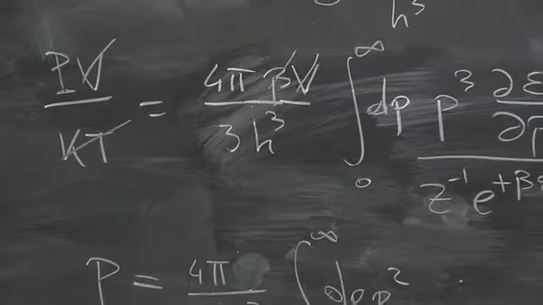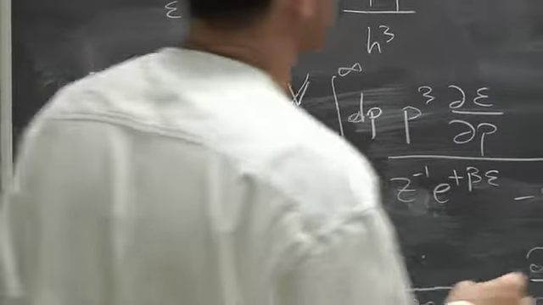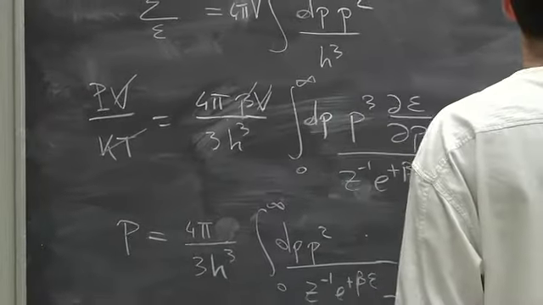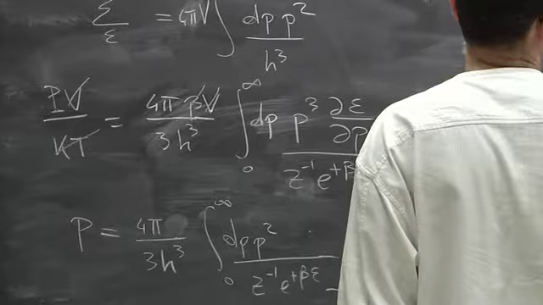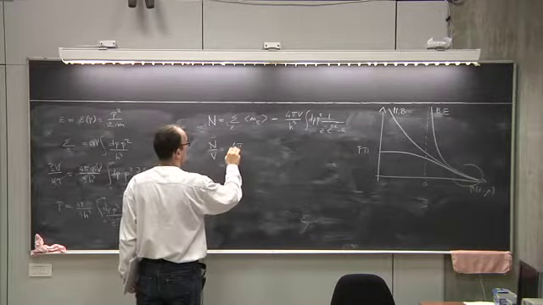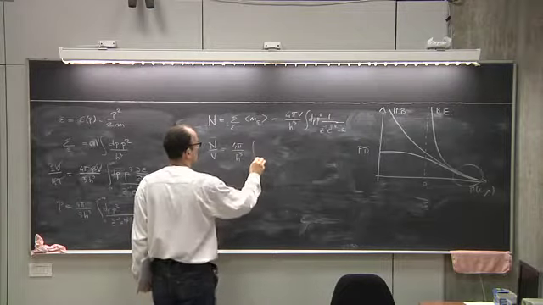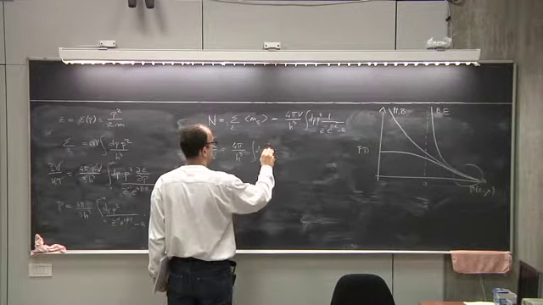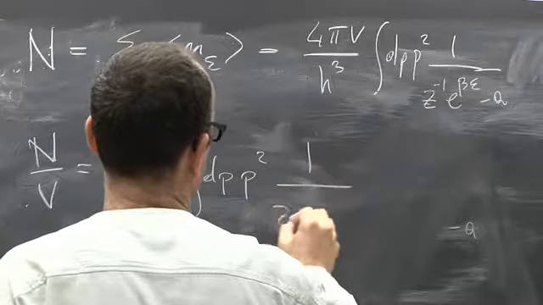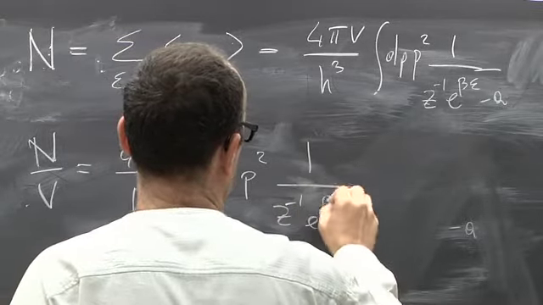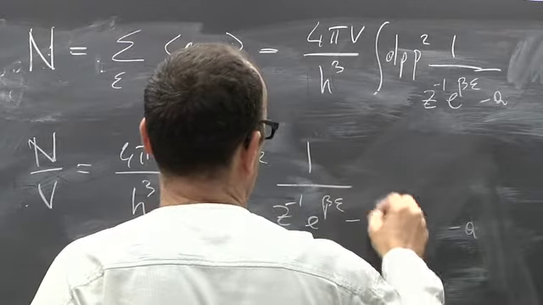Now, you see the density. So the density is equal to this 4 pi over h cubed integral dp p squared times 1 over z to the minus 1 e to the beta epsilon minus a.